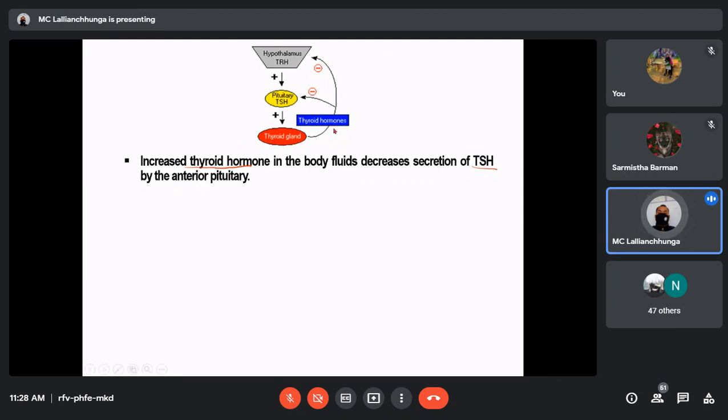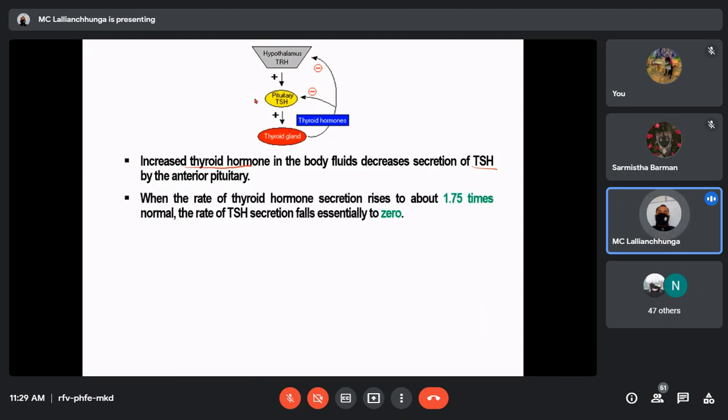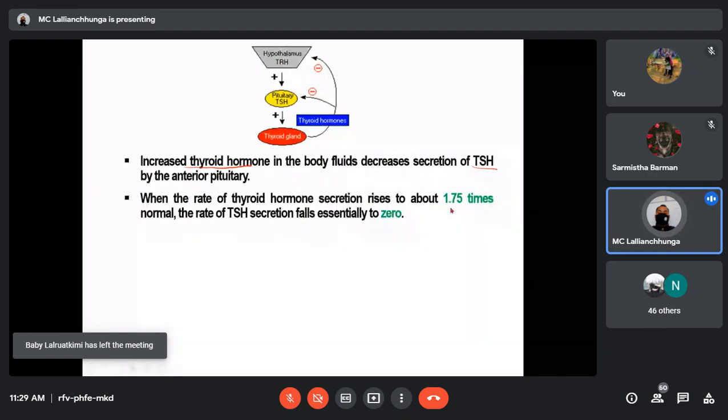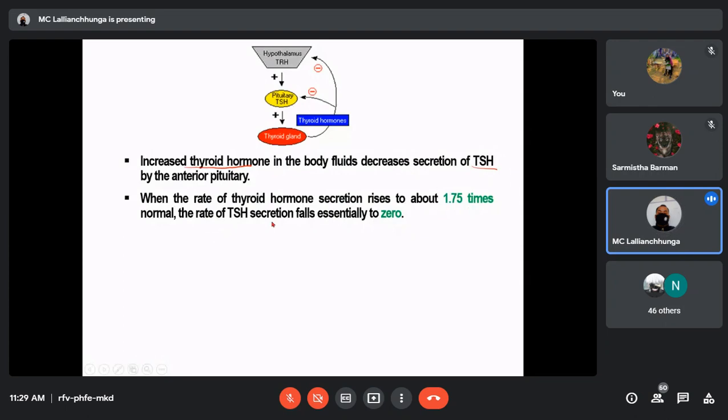But when the levels of these thyroid hormones, T3 and T4, go up and reach the maximal level, there will be a negative feedback. All these things we have already discussed. When the rate of thyroid hormone secretion rises to about 1.75 times normal, the rate of TSH secretion falls essentially to zero, blocked.